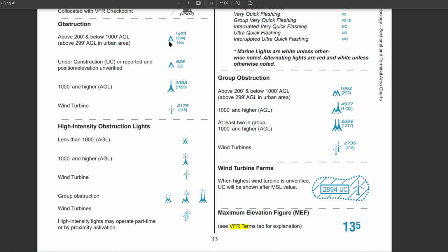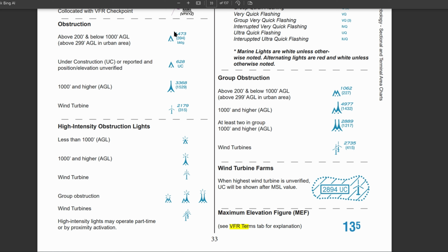If you see something with a little triangle like this, it means it's an obstruction that's between 200 and 1,000 feet above ground level. It could be above 299 feet above ground level in an urban area. So if you're in an urban area, you're going to be around 300 feet AGL to 1,000. But if you are just flying over obstacles, mountains, no urban area, you're usually going to be between 200 feet and 1,000 feet above ground level.